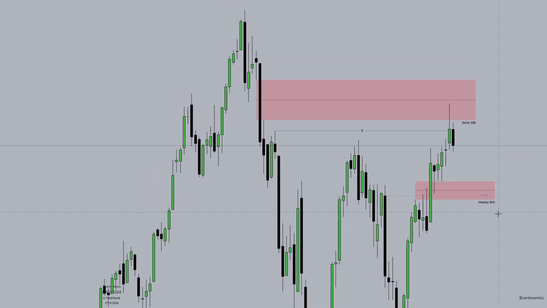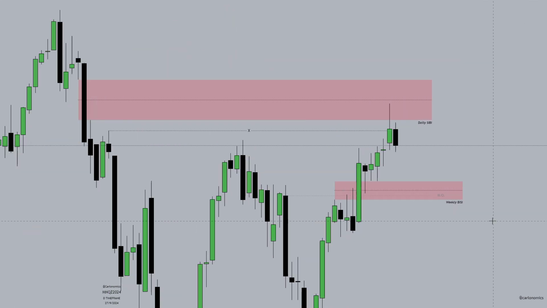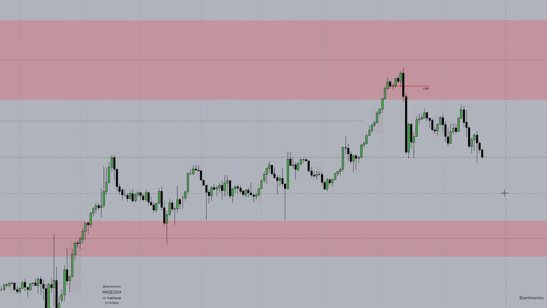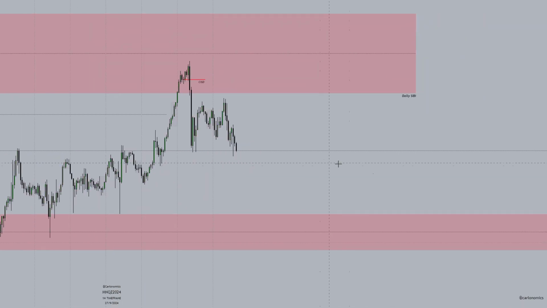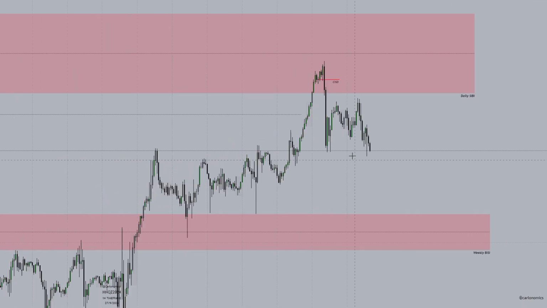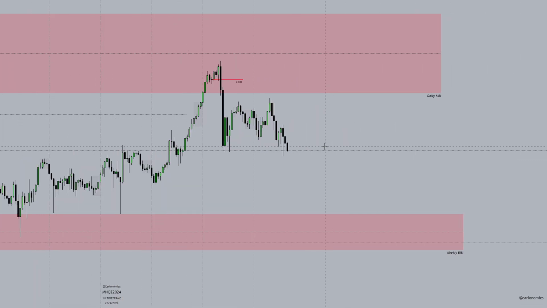So from this daily SIBI, I will look for an hourly change state delivery. Drop down to the hourly time frame, and you can see here that we have this hourly CISD. We have this hourly CISD right up here, this last up close candle, boom, and then we have this move down here.